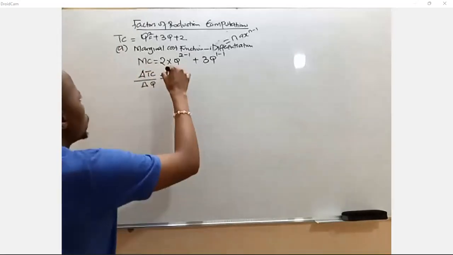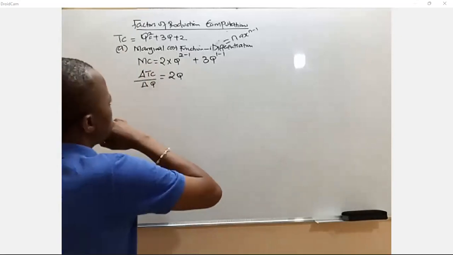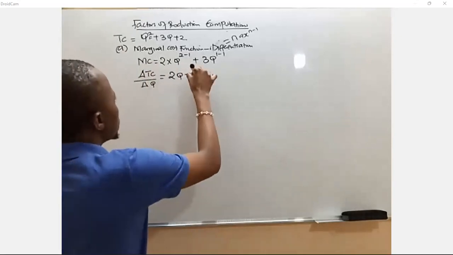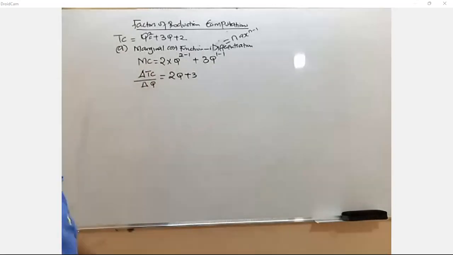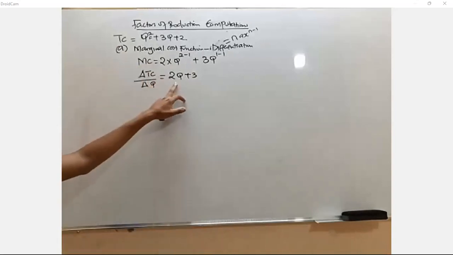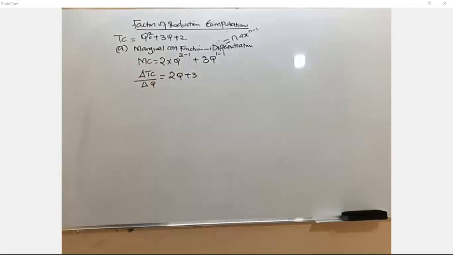It will be 2q plus 3. Why am I putting 3 there? Because our q here is reduced to 0. So to get our marginal cost function, it will be 2q plus 3.